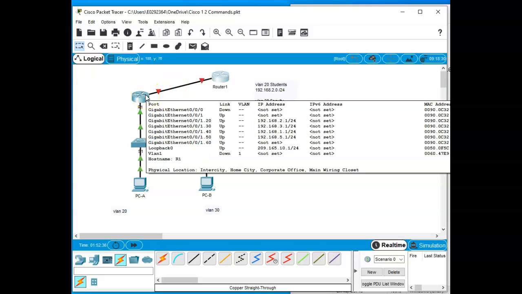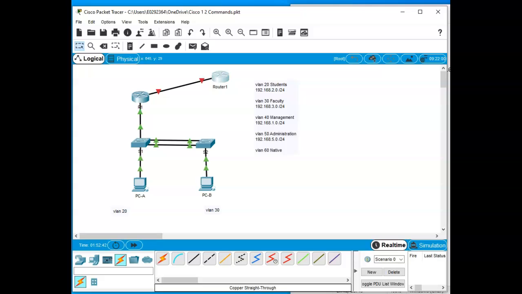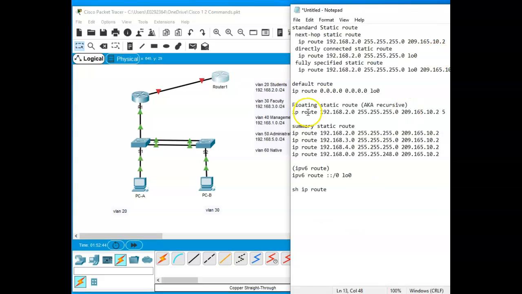This end could be 209.165.10.1, and the other side would be 209.165.10.2, and that would be our next hop. So we either have a directly connected interface, which right now is loopback 0, or we have a next hop router. Our next hop is our next hop IP address.